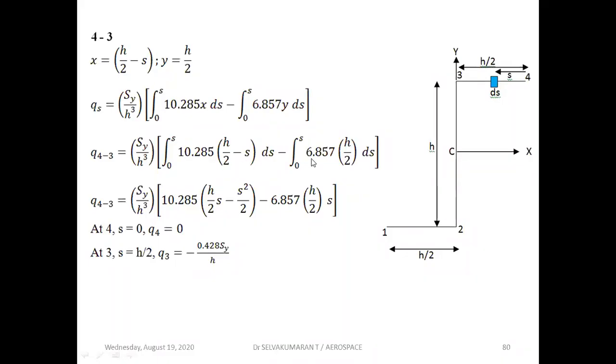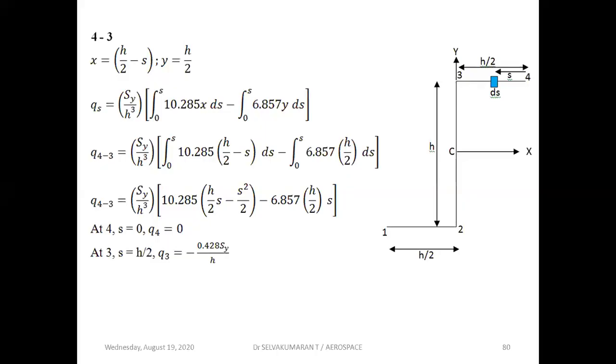Integrate. At 4, s is equal to 0, so q4 is 0. At 3, s is equal to h by 2, q3 is equal to 0.428 Sy by h. At 2 we got 0.428 Sy by h, positive; at 3 I am getting negative. This is the beauty of this antisymmetric section when it is subjected to Sy alone: one side will be positive, one side will be negative.